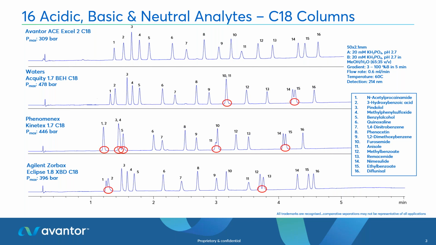We've generally always got a C18 column in the drawer from one vendor or another. And in terms of what we'll get from those columns is a hydrophobic mechanism of interaction. So our hydrophobic analytes are retained on a hydrophobic stationary phase.